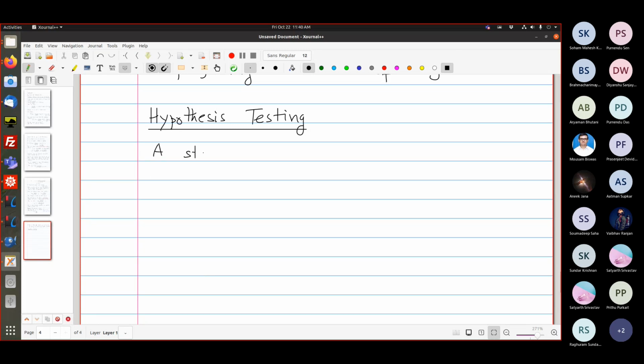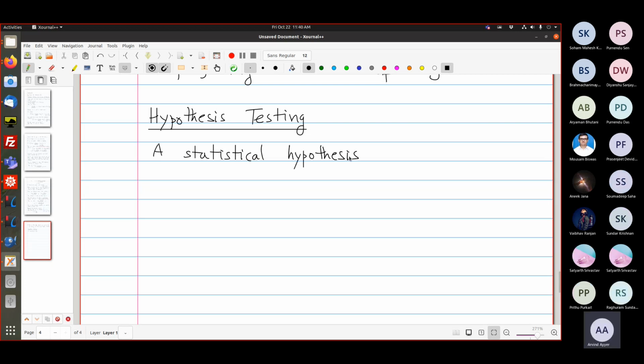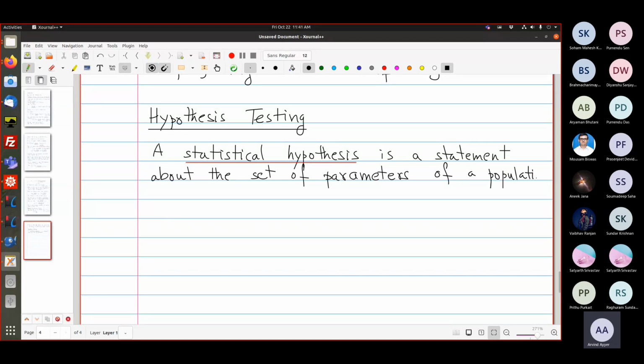A statistical hypothesis is a statement about the set of parameters of a population distribution.